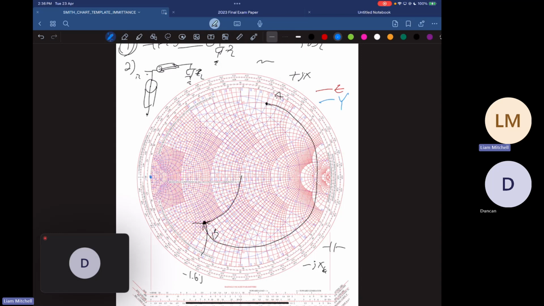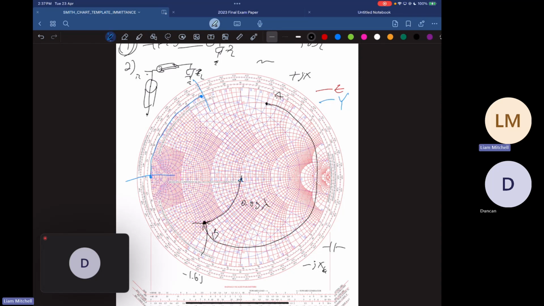This is our short, right? We have 0 impedance or infinite admittance, and we rotate it until we get to 1.6, right? And this is the length of our stub, from 0 to what it is, 0.09 lambda, basically. So this stub should be 0.09 lambda long.